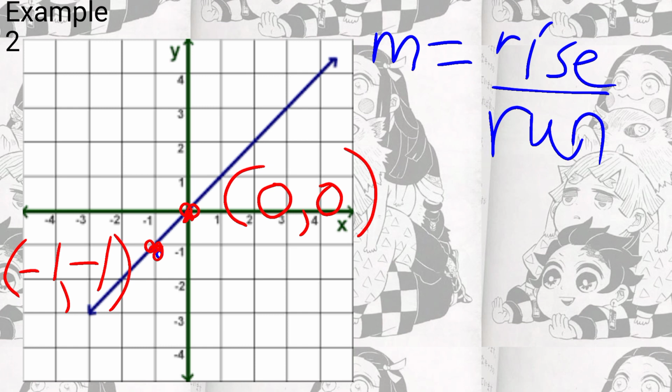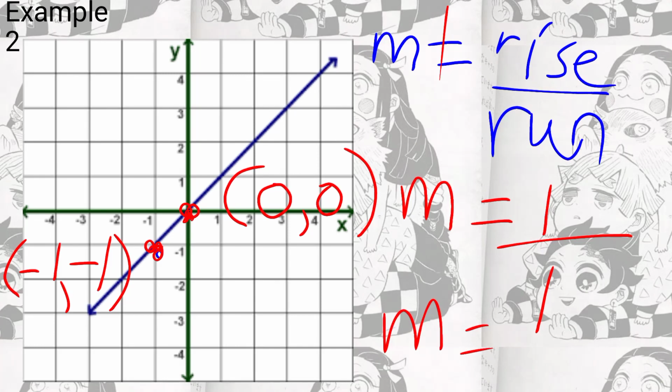So from here, we can see that the number of rise is 1 and the number of run is also 1. Therefore, our slope here is 1 over 1. We need to simplify. 1 over 1 is 1.